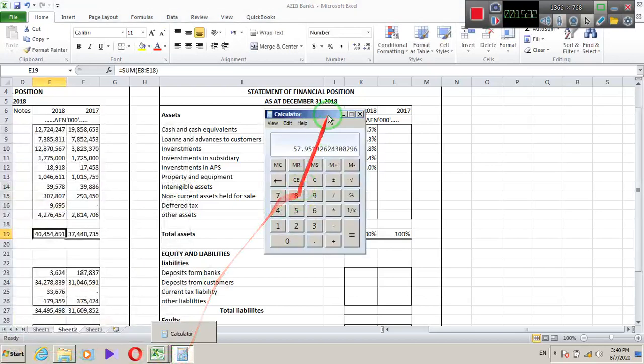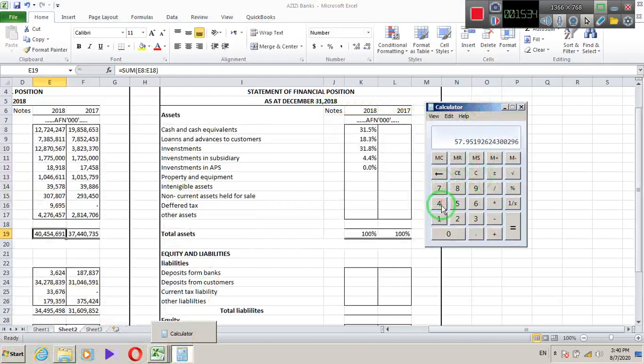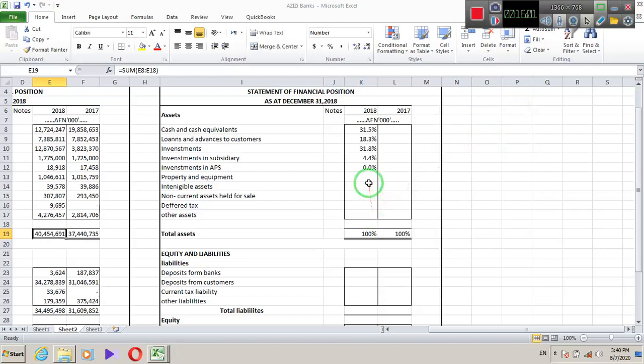If you look at the calculator, 18,918 divided by 40,454,691, multiplied by 100, is equal to 0.04. Yeah, 0.04, and if we take another point, 0.05%.